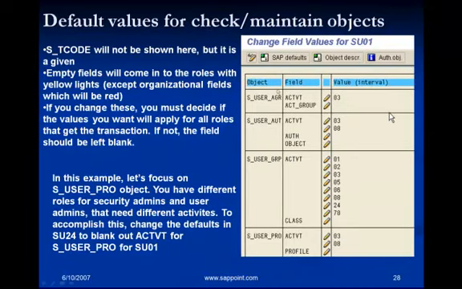So when SU01 in this case is put into the role, into the profile generator, S_USER_AGR will come with 03 and a blank field value for activity group. S_USER_UT will come into the role with 03 and 08 by default. S_USER_GRP will come into the role with all these values by default, with this field left blank.